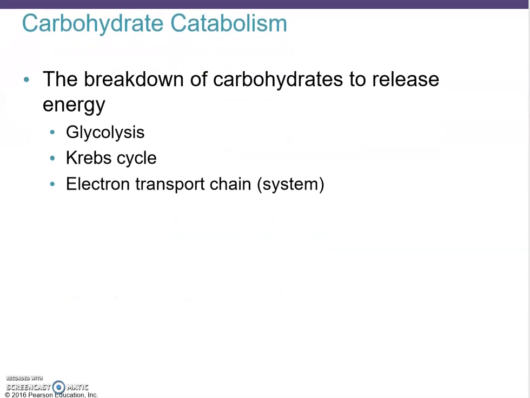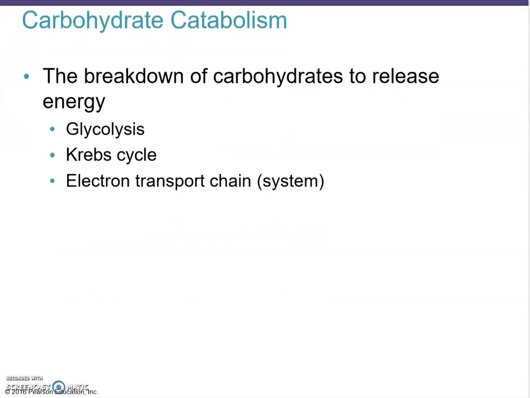Okay, so let's move on. We're ready now for carbohydrate catabolism. That means we're using carbohydrates that have quite a bit of energy, and we are breaking them down to CO2 and water, ideally, in the most efficient pathways to generate ATP.